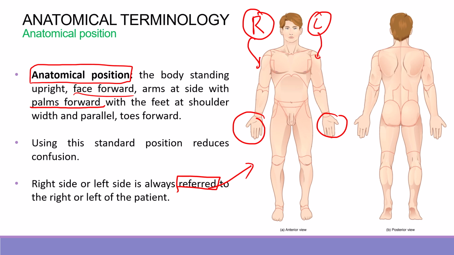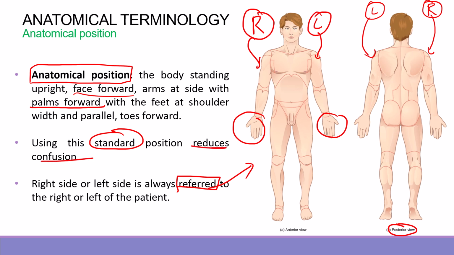If we're looking at the patient from the back, so posterior view, this will change. Now, this arm, based on the patient as a reference, will be the right arm, and this one will be the left arm. This is standardized, and this anatomical position and the right and left is standard to reduce confusion, especially when we look at images like CT scans or X-rays, etc.